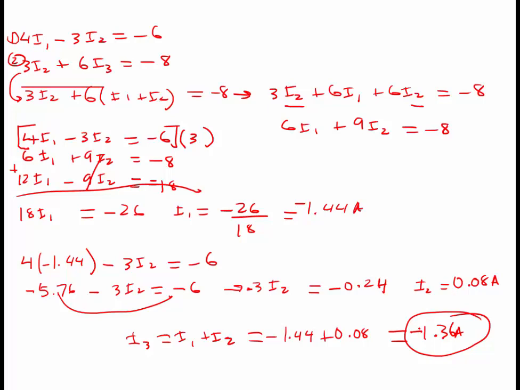Again, the negative sign just implies that the direction we chose for the current to begin with is the inverse direction. That the current is flowing in the inverse direction. That's all it means.